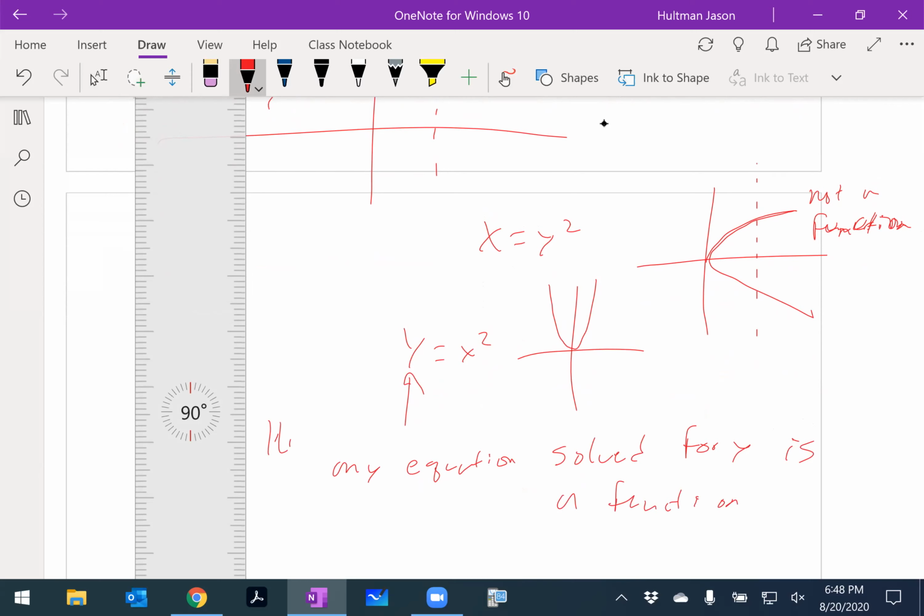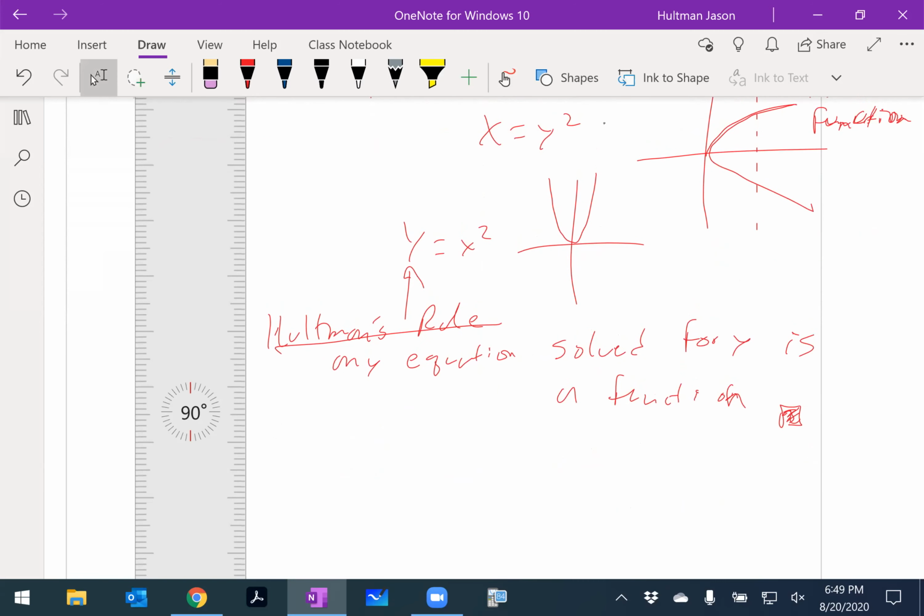Okay, this is Holtman's rule. It's my rule. I claim it. It's unclaimed, so I'm just going to put my name on it. Any equation solved for y is a function. Boom, proven. QED. Nobody claimed it, so it's mine.